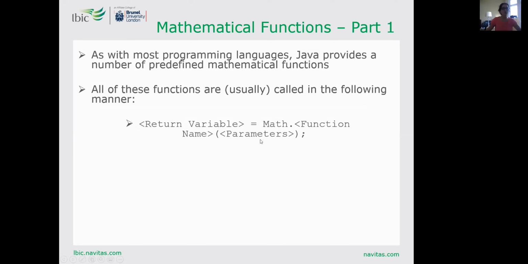And if you need to have some input parameter, then you need to provide it here, and all together it's going to be assigned to a variable that at the end you're going to return from the function.